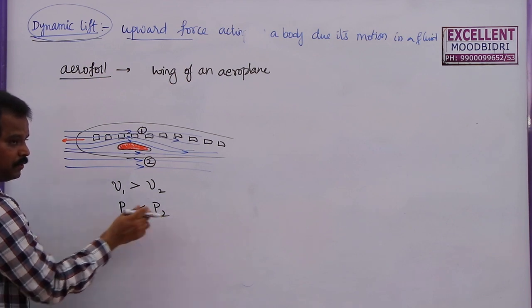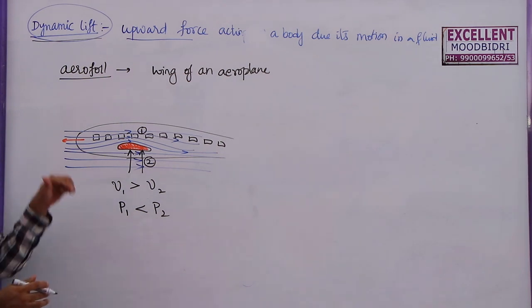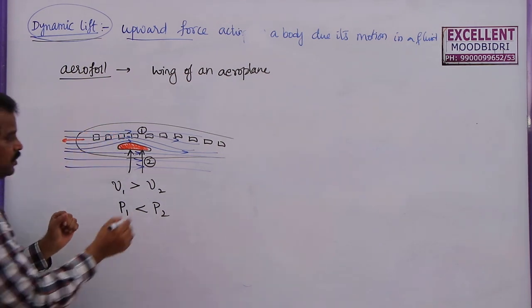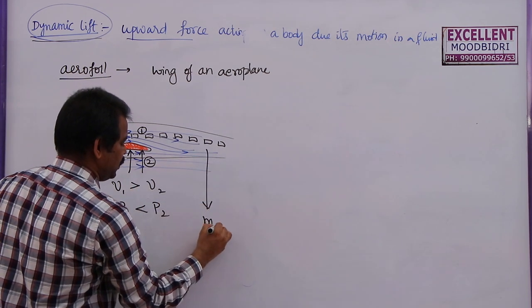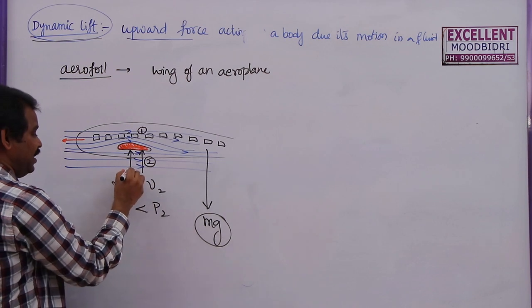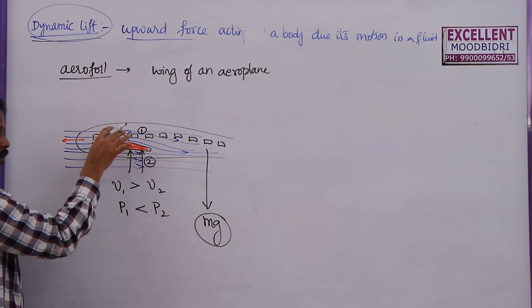Due to this pressure difference, one force will act on the aeroplane which keeps the weight of the aeroplane in equilibrium. That means the total weight of the aeroplane mg is acting downwards, and this is equal and opposite to the dynamic lift produced by the pressure difference of the streamlines above and below the wing.